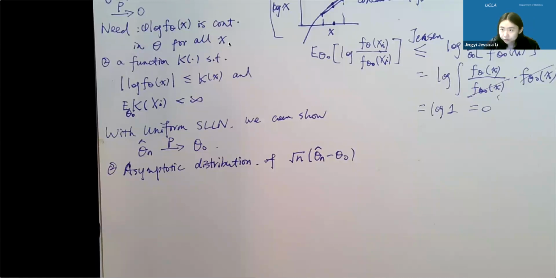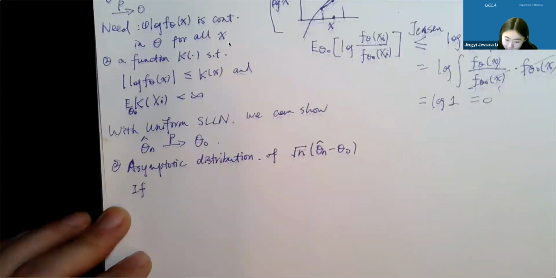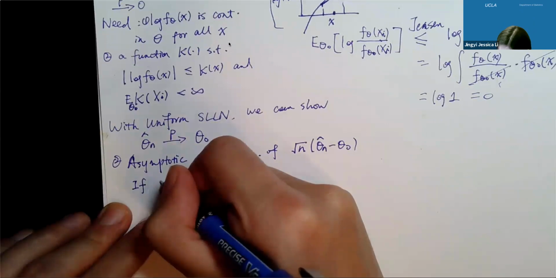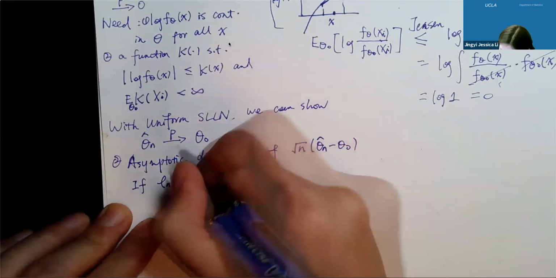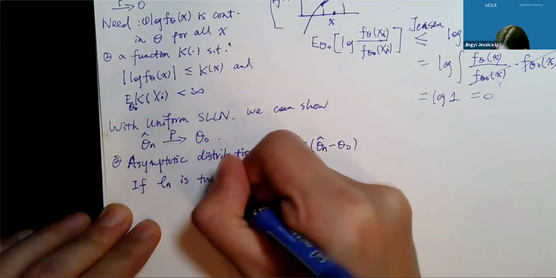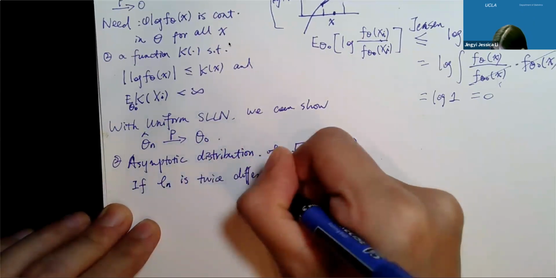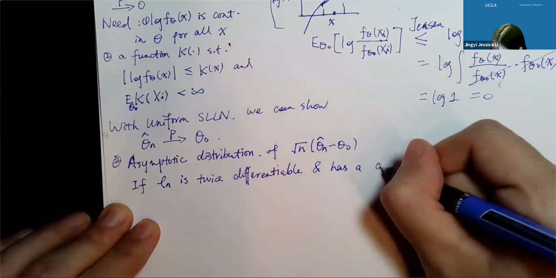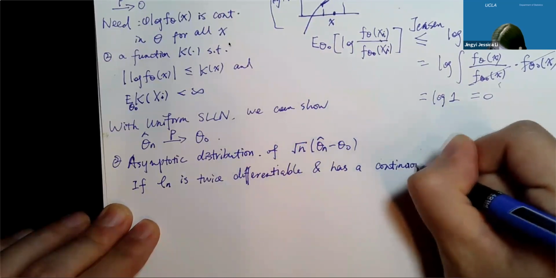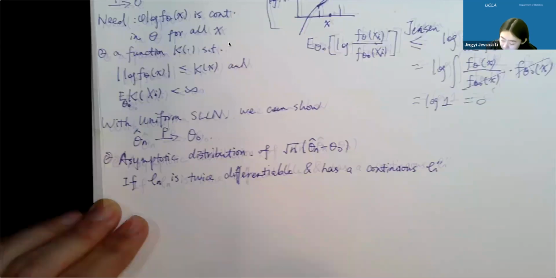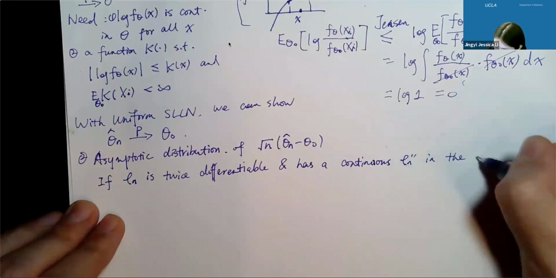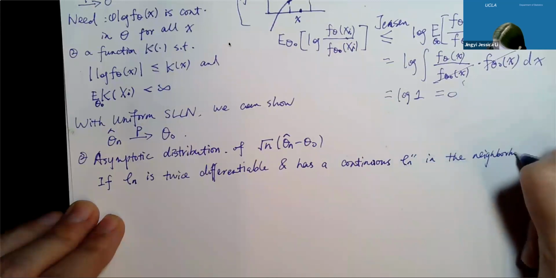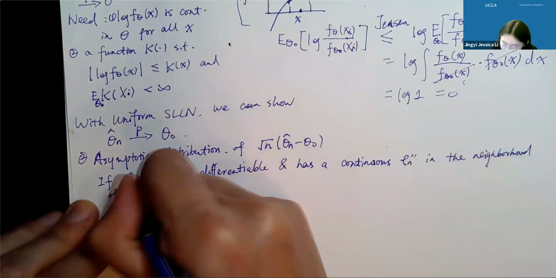That is, if the log likelihood function, ln, is twice differentiable and has a continuous second derivative in the neighborhood of the true theta 0.